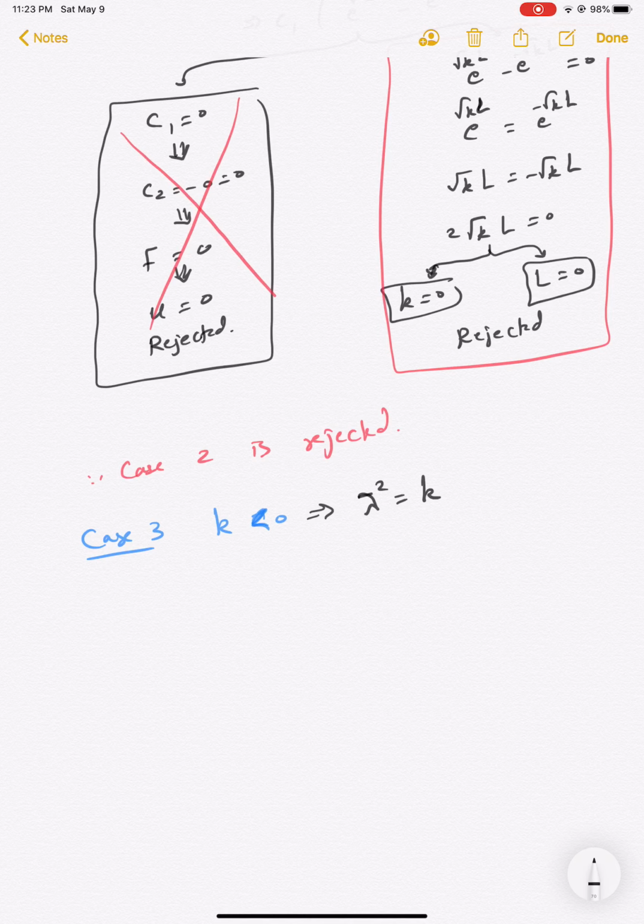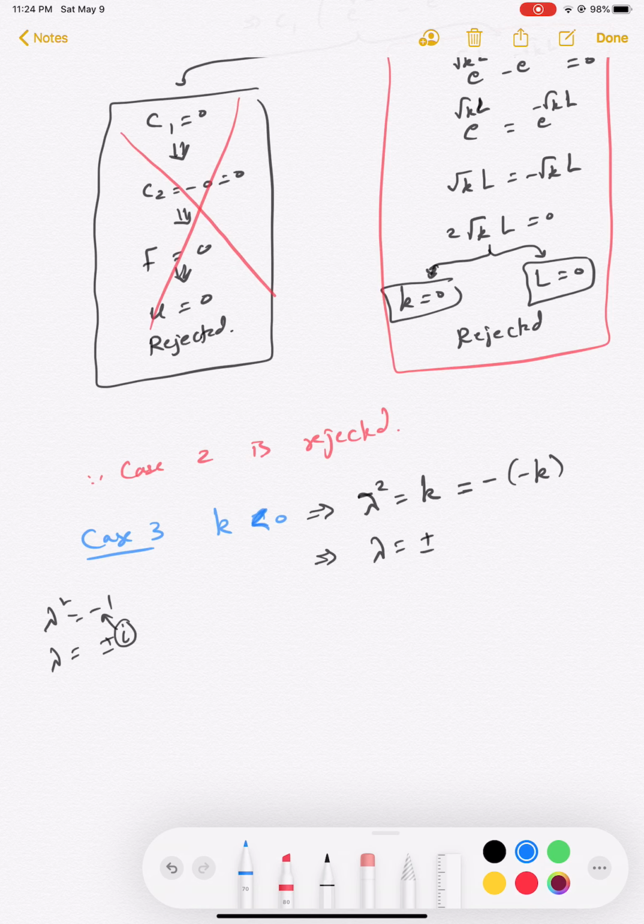So now if k was negative, imagine k was negative 1. So it's lambda squared equals negative 1. In this case, what is the lambda? It's a plus minus what? Plus minus I, right? The I comes from the negative. So here, lambda squared equals k. What is the lambda? It's a plus minus. Let me write the k as negative k.